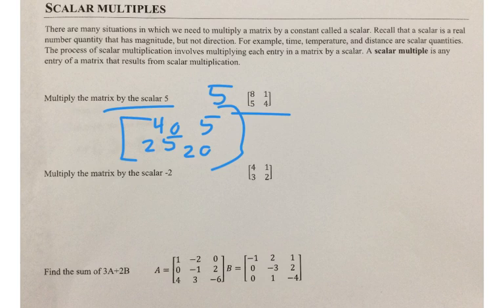Questions there? Next, scalar multiplication. This time it's -2. So that gives me a -8, a -2, a -6, a -4. Questions there?